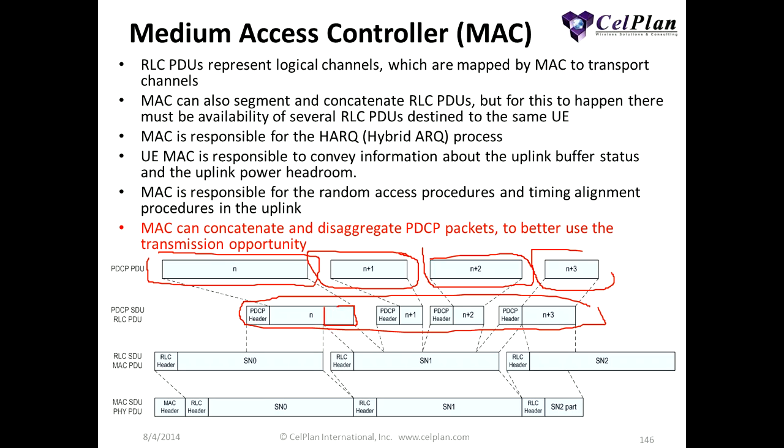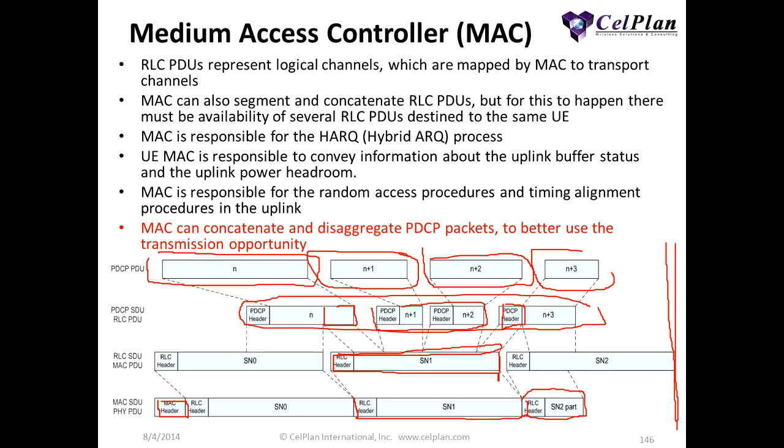So the MAC can take, suppose, the end of one packet, two entire packets, plus the beginning of the next packet, and build one RLC packet. And this packet then will be sent to the MAC. And the MAC will add the MAC header, and the MAC can pack several RLC packets in one single MAC message.